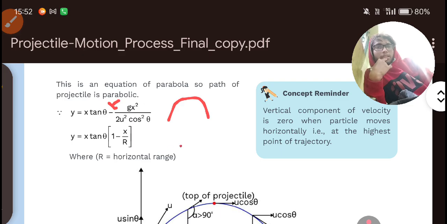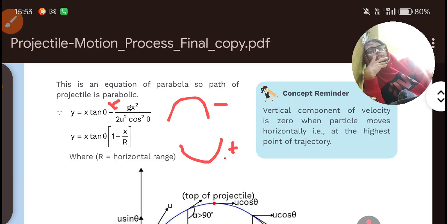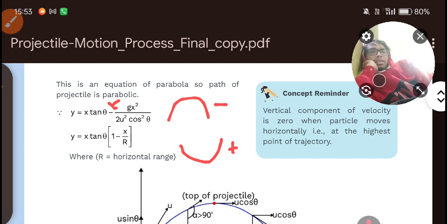This is also parabolic and this is also parabolic, but this one is positive and this one is negative. The symbol which is negative, the parabola will look like this. If it was positive, the parabola will look like this. y is equal to x tan theta.